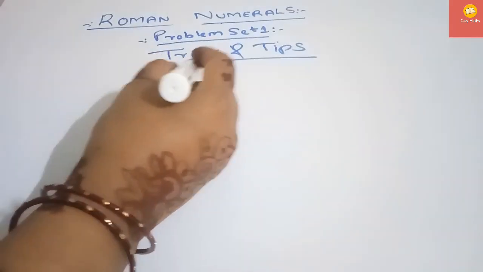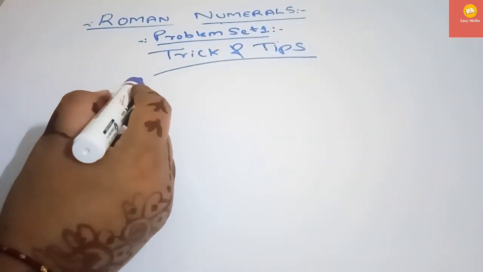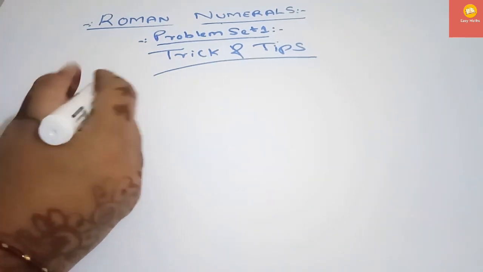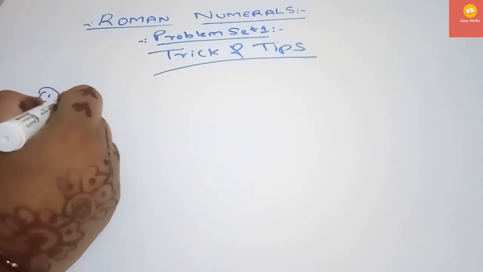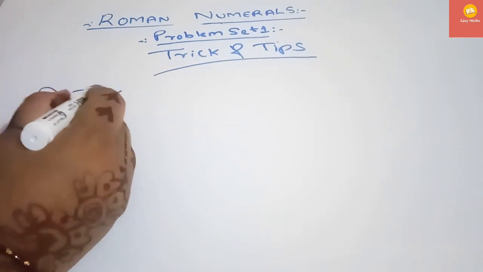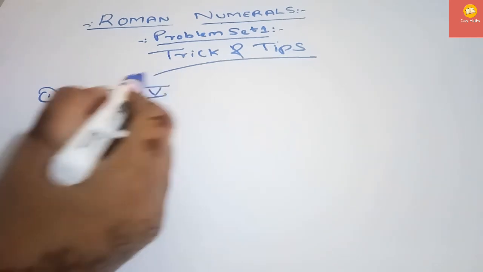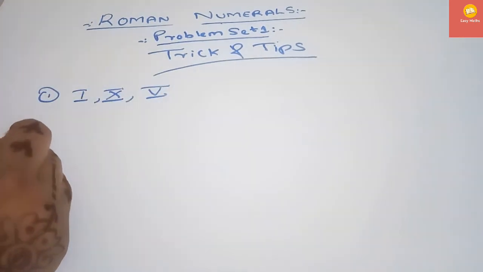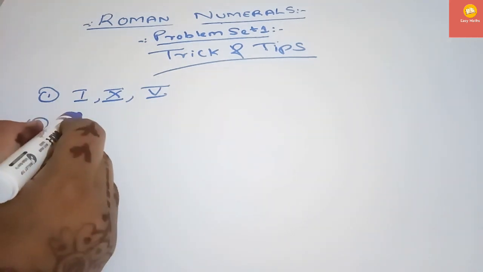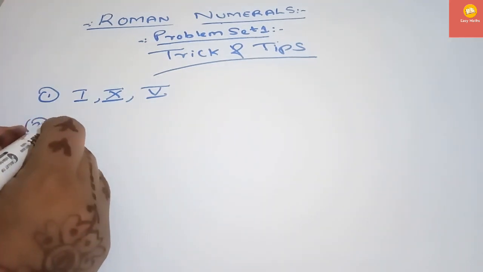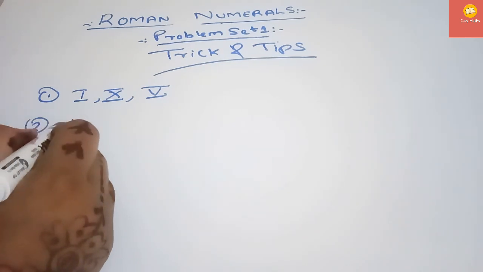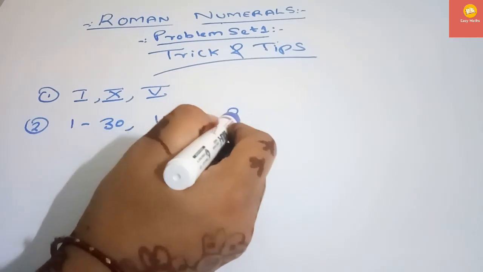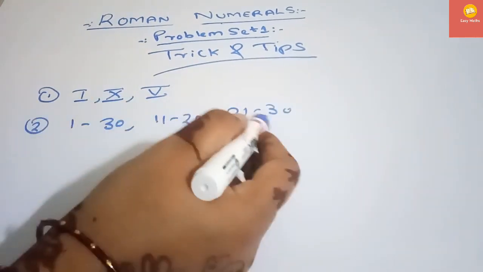Let's see some tricks and tips. First, tip number 1 is just remember these 3 symbols, what they represent and how. Second, suppose in the exam you got a question, write the Roman numbers from 1 to 30, or 11 to 20, or 21 to 30, for 5 marks or 10 marks.